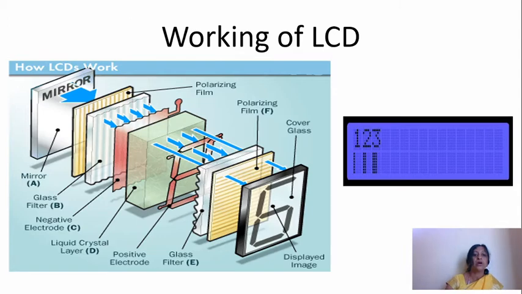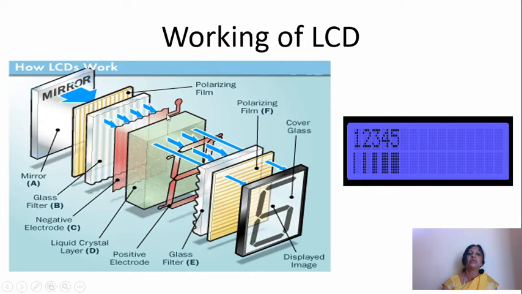It is going to block certain portions and make the light pass in a particular direction, and it passes through when the electrical signal is supplied to the electrodes. Depending on that, the orientation takes place in the crystal.